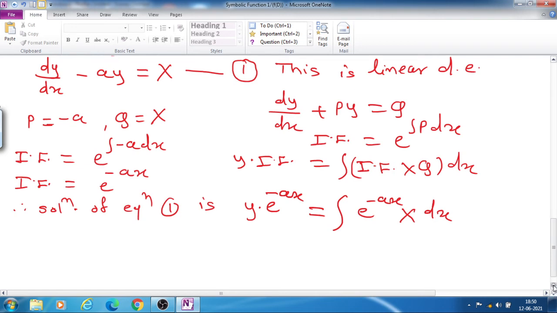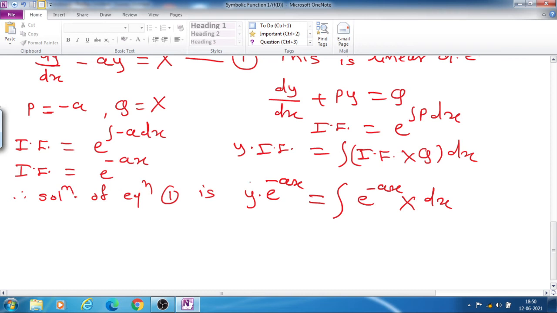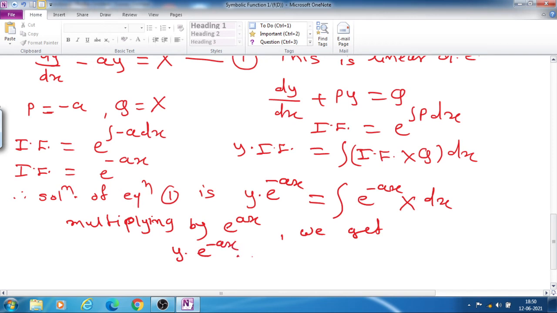Here to find the value of y, we have to multiply this equation by e raised to plus ax. So y into e raised to minus ax into e raised to plus ax is equal to, here also we multiply e raised to ax, so e raised to ax outside the integral, and then the integral of e raised to minus ax into capital X into dx.